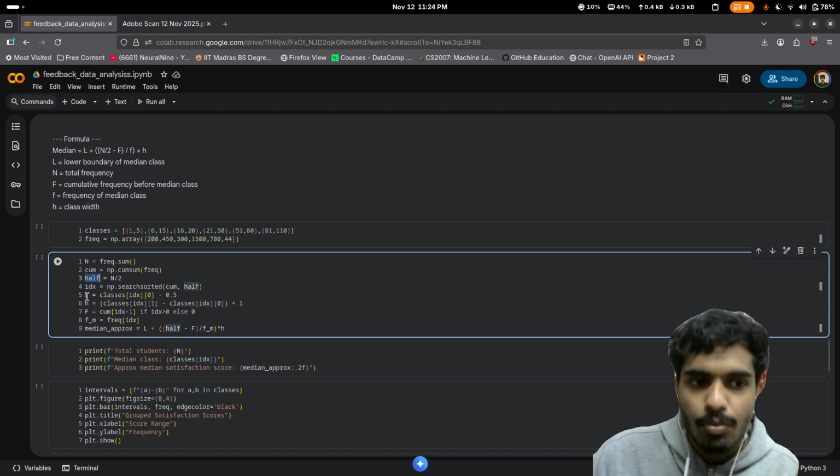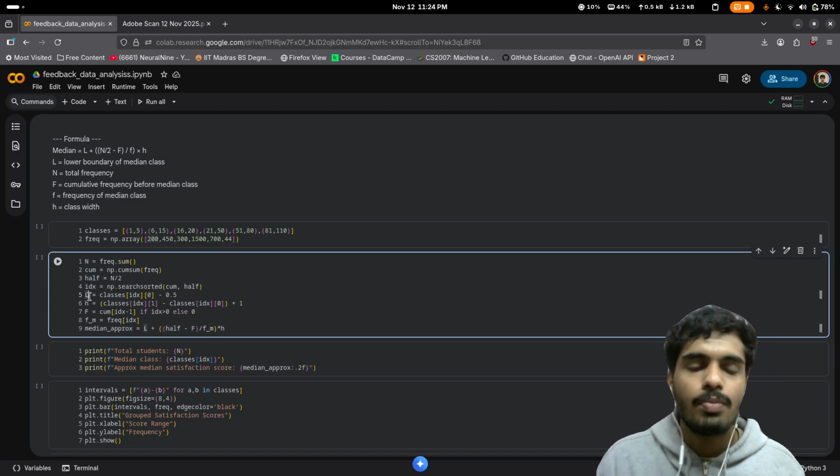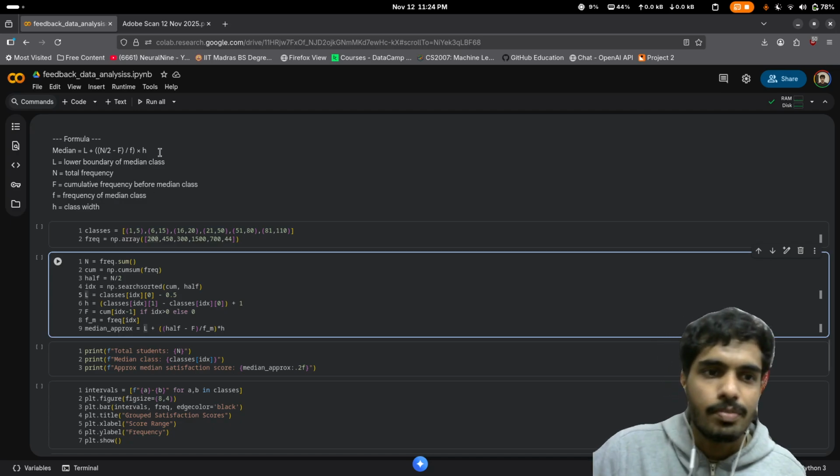So that is the point which we'll plug into our median formula, right?